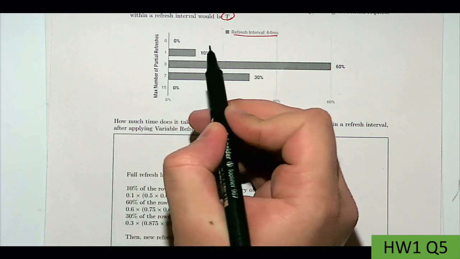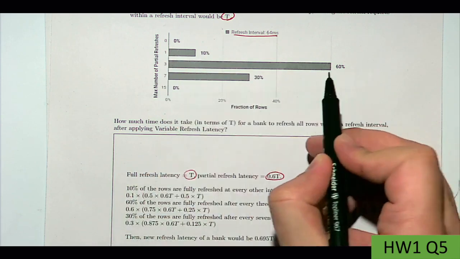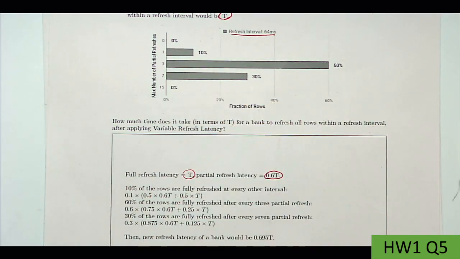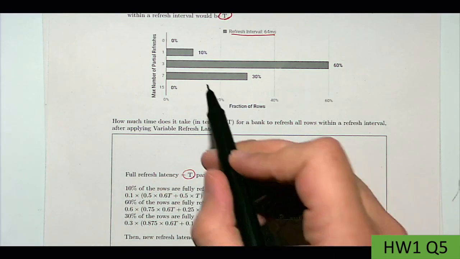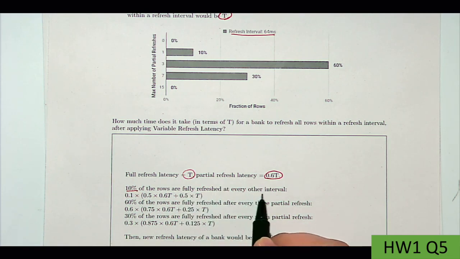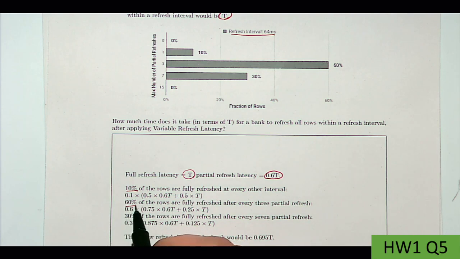Here, as you can see, like 10%, 60%, 30%, this is the whole distribution of these rows. For the 10% of the rows, I need to fully refresh those every other interval. So it interleaves between partial and full refresh. And for 60% of them, I need to fully refresh them after every 3 partial refreshes, right?